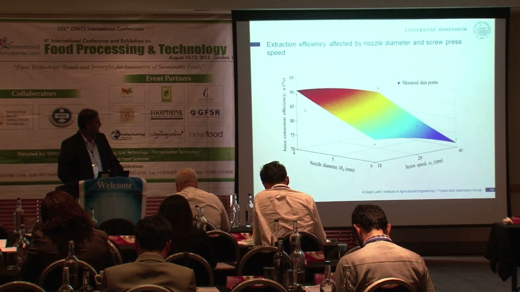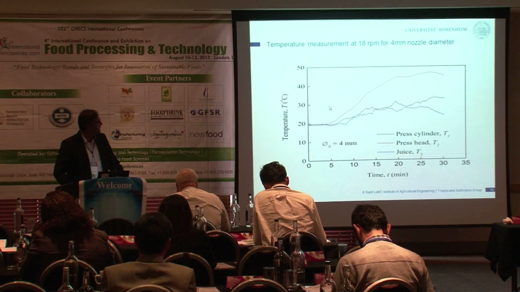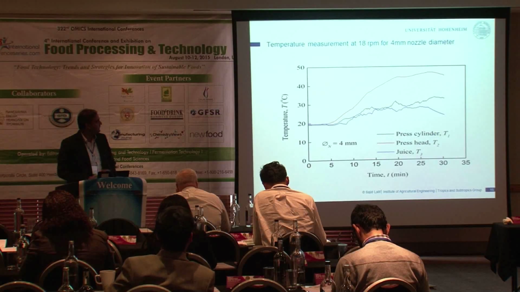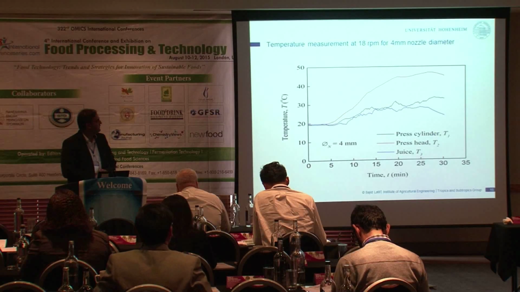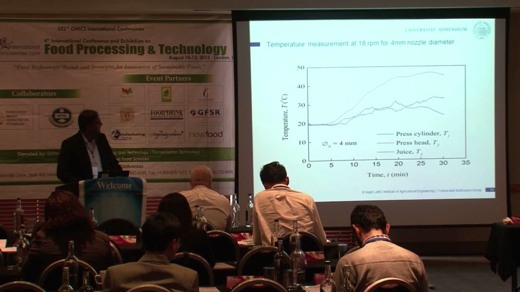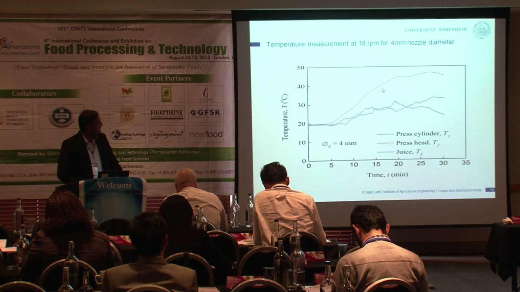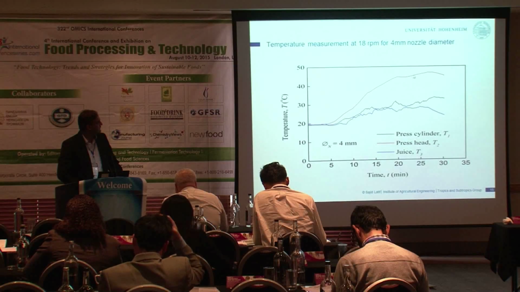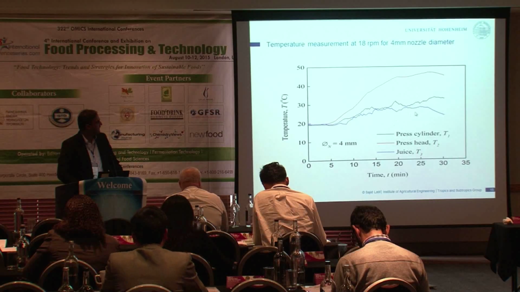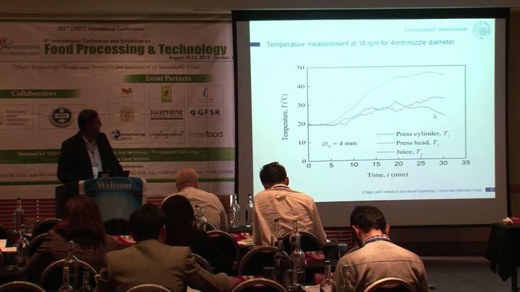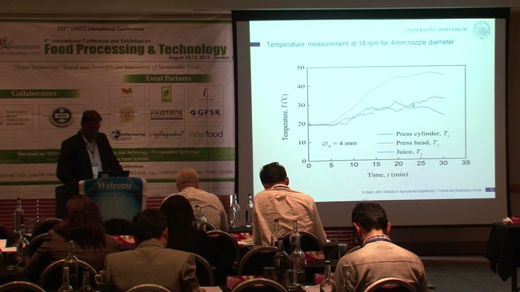You can see here the red area, and this was the trend of the temperature. The maximum temperature of the press head increased to more than 40 but below 50, and the juice was lower than about 30, and the cylinder also.